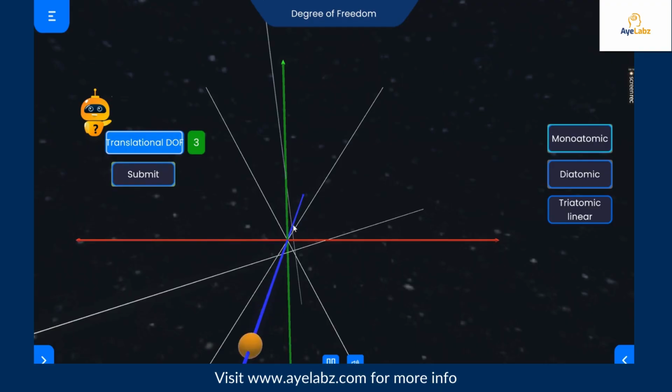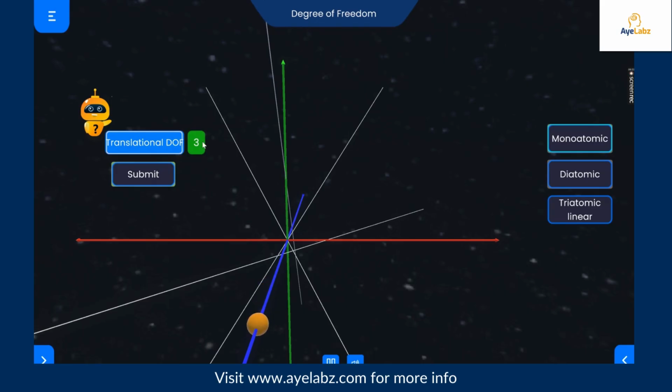In this case, all energy is stored as translational kinetic energy, as these atoms do not rotate or vibrate. This makes monatomic gases the simplest type to understand.